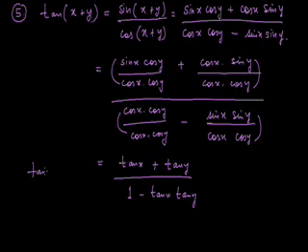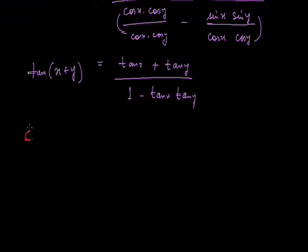So the formula for tan of x plus y is tan x plus tan y upon 1 minus tan x tan y.